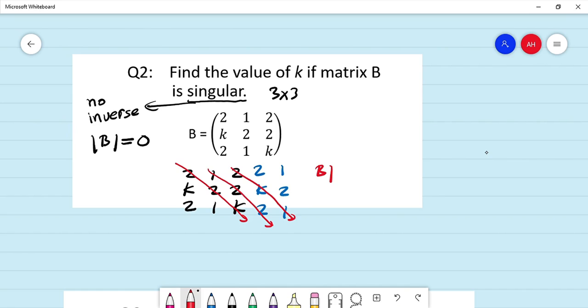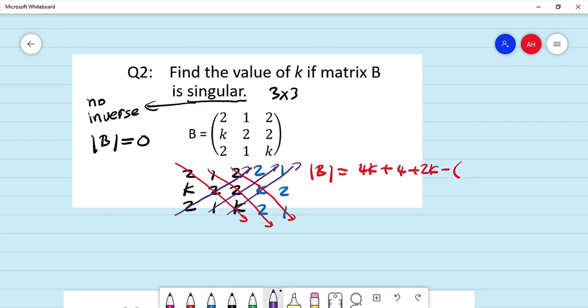So the determinant of B equals 2 times 2 times k is 4k, plus we have 4 and we have 2k, and minus the arrows going up like this, first one, second one, and this is the third one.